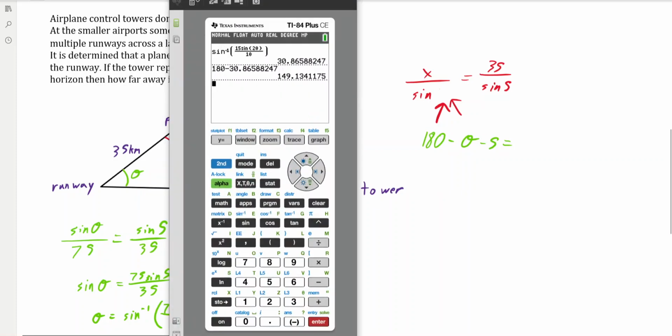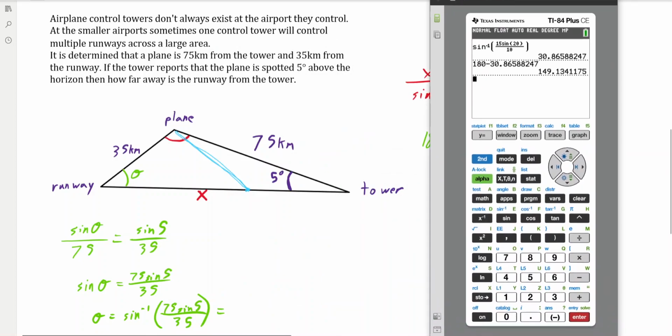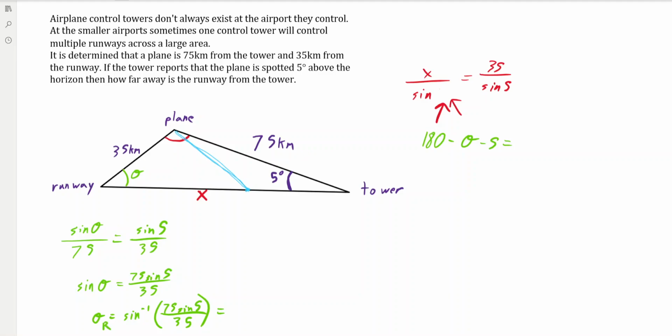Now you have to remember that what we're finding is the reference angle. So just keep that in mind while I'm finding this. This is 10.76, and this is the reference angle, 10.76. In the original, that's actually what that is.